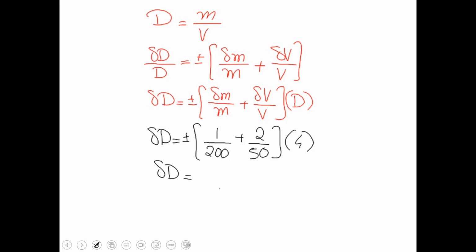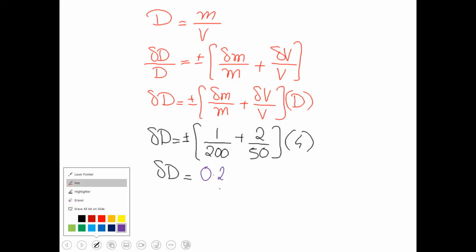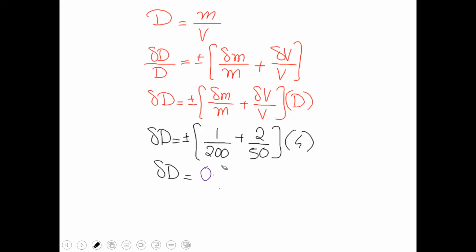Saad, have you calculated it? Yeah, 0.2, sir. Can you please repeat? 0.2. Is there no decimal after that? There is 0.18, but I converted it to one significant figure. This is what I was asking. 0.18. Yeah. Good.